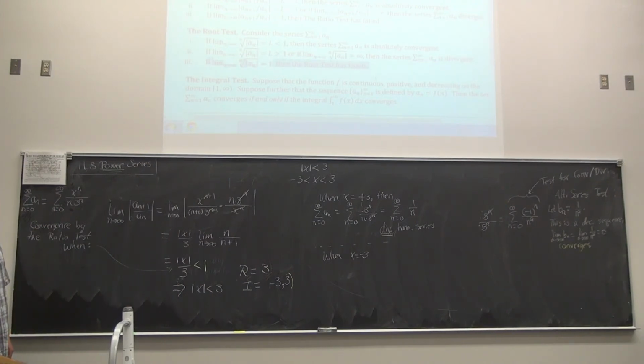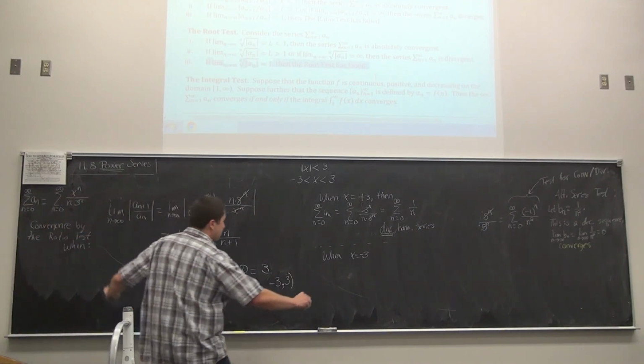So when x is +3, we get the divergent harmonic series. Let's do -3 next. Any questions so far about that correction? Okay, so this time we're plugging in -3, so we'll get -3 to the power of n altogether when x is -3.